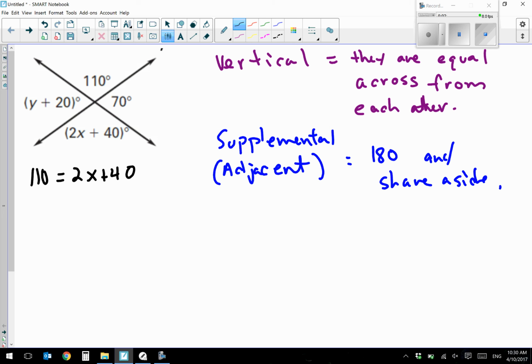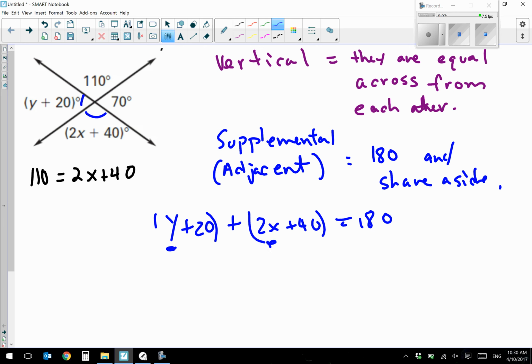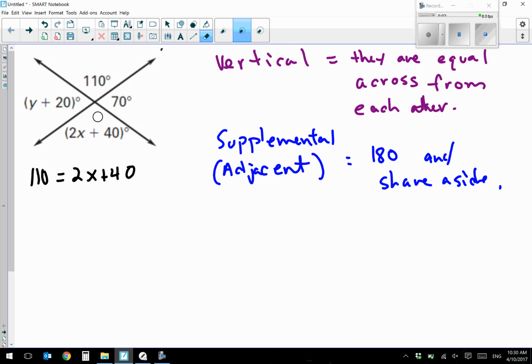Now, before I go on, how come I won't do these two supplementary? Because I can do (y plus 20) plus (2x plus 40) equals 180, and solve for that. But I can't really solve for that because you've got y and x in the same equation. I can't solve that.